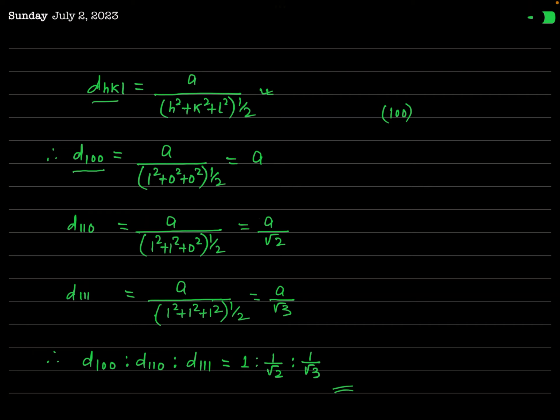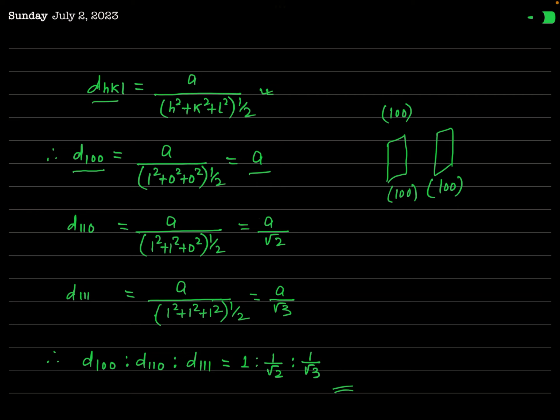That will be A divided by 1 square plus 0 square plus 0 square, whole to the power half, because in this case H is equal to 1 but K and L are 0. So this is simply equal to A. It means in a cubic system, the separation between the two crystal planes marked by 1, 0, 0 will be equal to A.